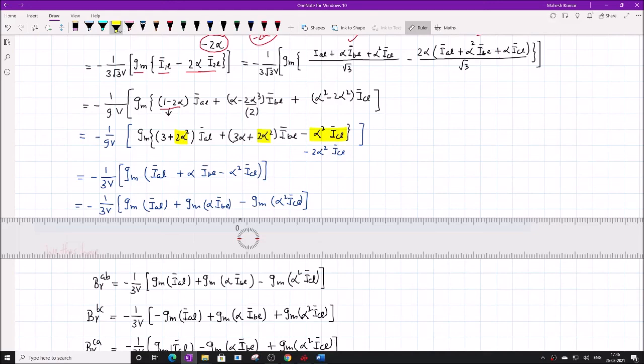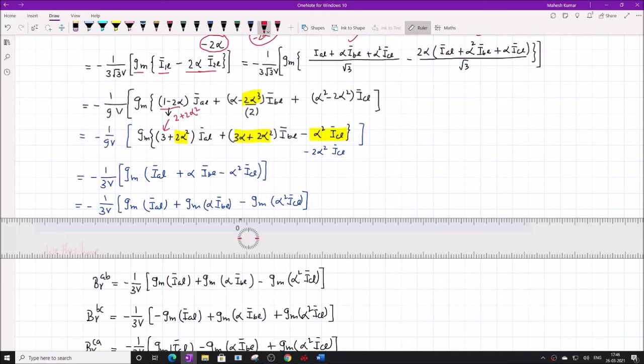minus alpha square ICL. This is 3 alpha plus 2 alpha square, because we can express minus 2 alpha cubed the same as 2, and minus 2 is the same as 2 alpha plus 2 alpha square, so 3 alpha plus 2 alpha square, and this is minus 2 alpha. So minus 2 alpha is nothing but 2 plus 2 alpha square. So this becomes 3 plus 2 alpha square.